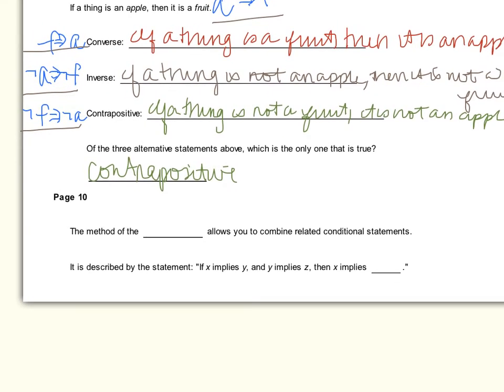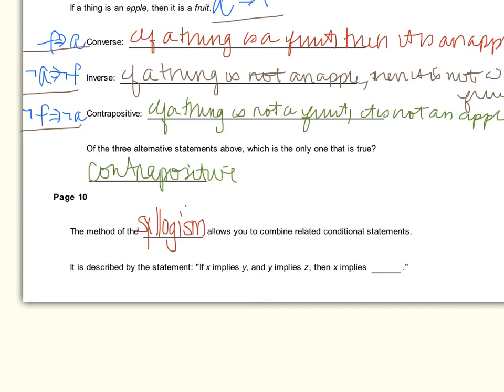So the method of what we call syllogism, this is another funny word, syllogism, allows you to combine related conditional statements.